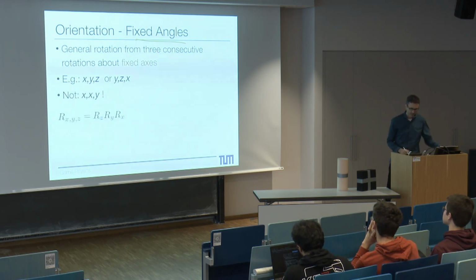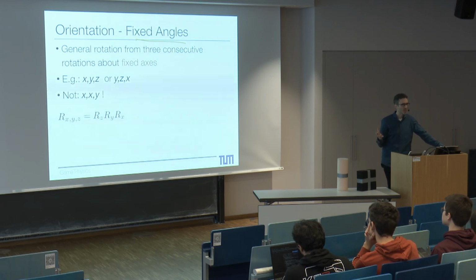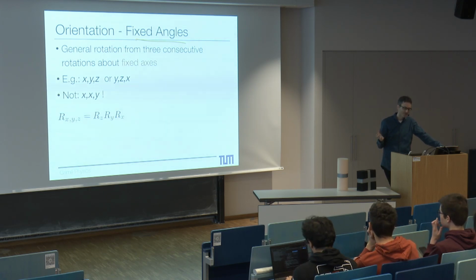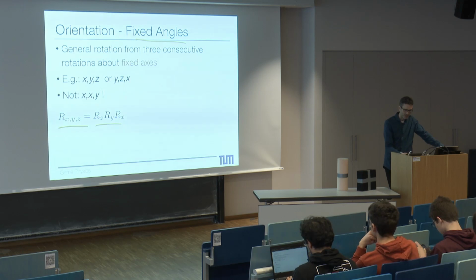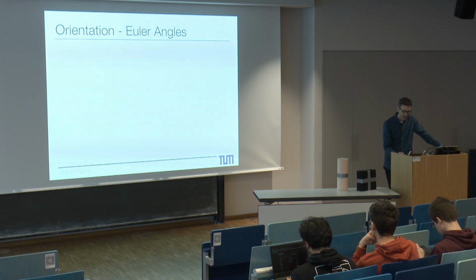Then we construct our rotation matrices for that. So remember, multiply on the left-hand side, so R times point. To get the final one for some order x, y, z, we construct these three: first multiply by x, then by y, then by z.